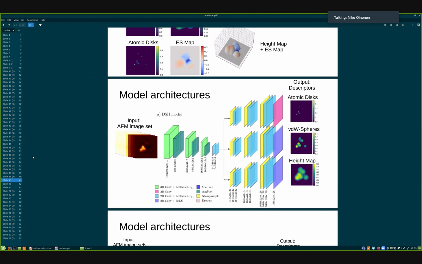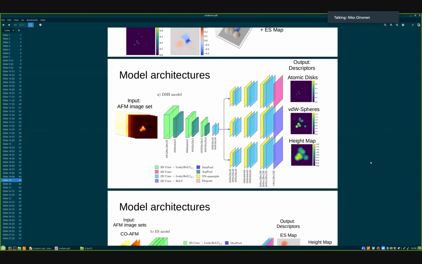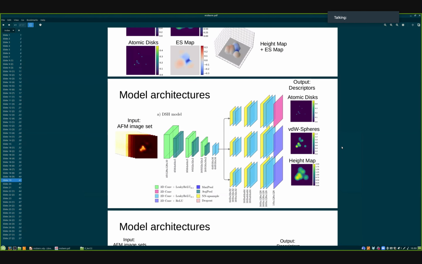Maybe this model came first. I was just getting into the whole machine learning thing and learning about convolutional neural networks. I didn't know about the U-Net yet, for example, so I was trying to find something that works, and this is the first thing that worked quite well.